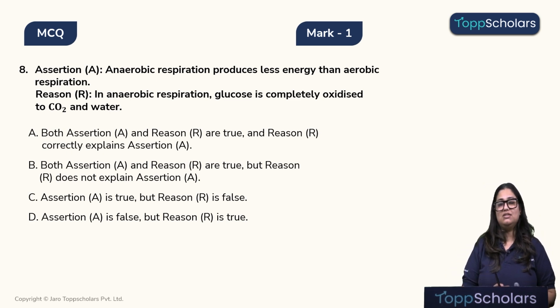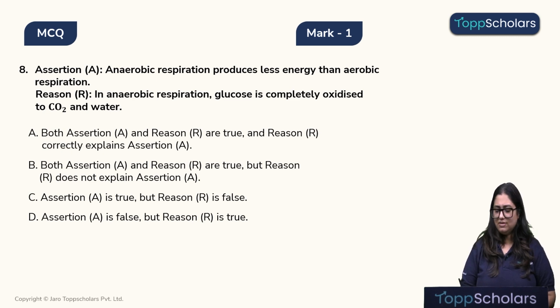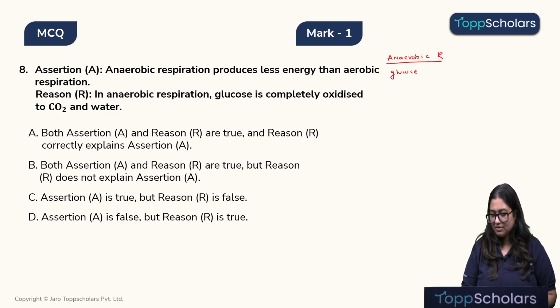So let's look at the above statements one more time before finding the right option. Assertion says that anaerobic respiration produces less energy than aerobic respiration. So let's quickly look why it is correct. Anaerobic respiration, children, means that the glucose is broken down in absence of oxygen. In this case, only 2 molecules of ATP are produced.